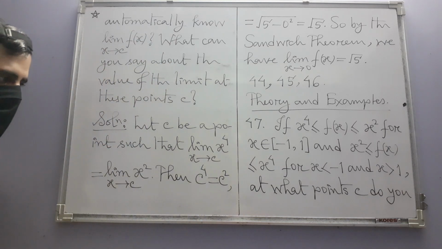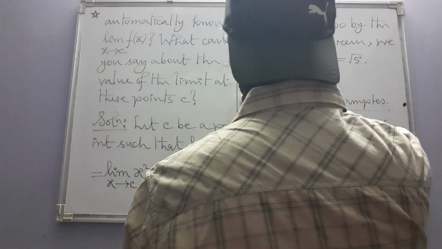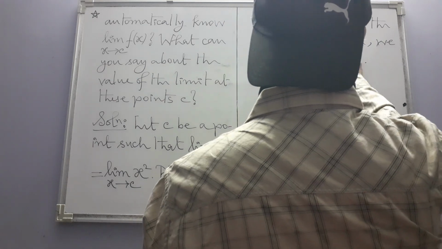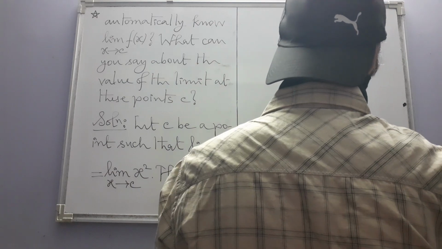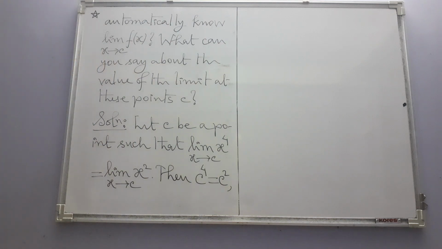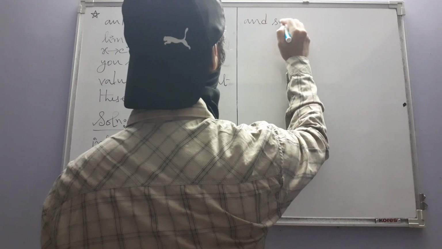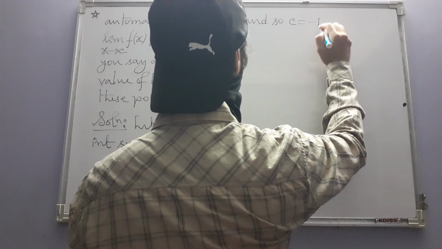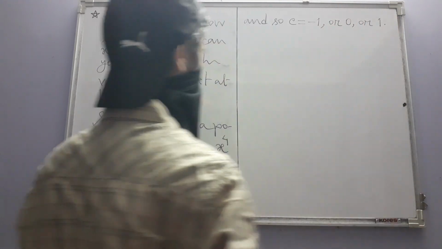So from this equation we get three values of c: -1, 0 and +1. You can solve this equation and get those three values easily. And so -1 or 0 or 1.